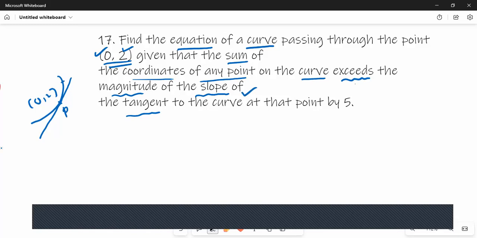So we know the slope, that is dy by dx, and they are saying it exceeds by how much? By 5. I will redraw it, because it will confuse you.